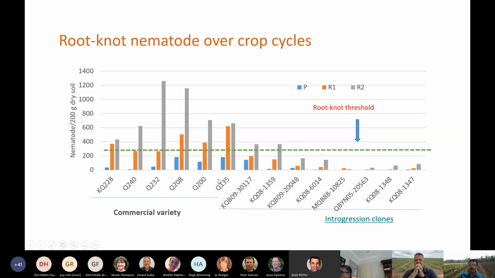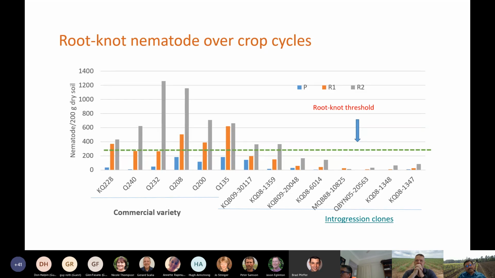This plant was grown for 3 years, and you can see the root knot nematode population remained significantly low within the introgression population. But if you look at the commercial variety, they are not that good. After the plant crop, they all took off.